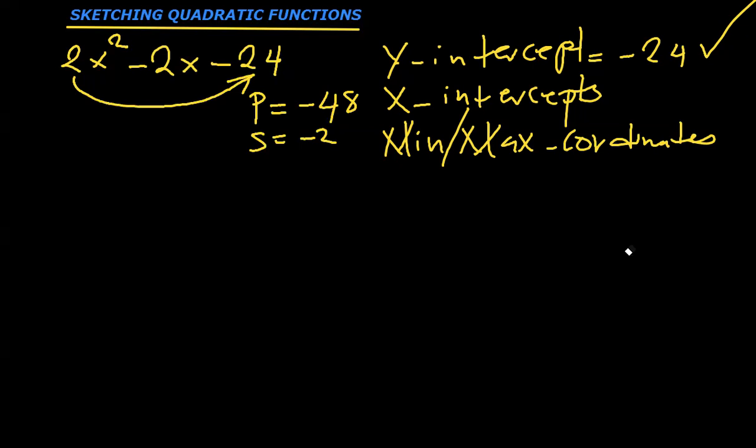So the first number is 6 and the other number is 8. But now if we add them, they need to give us negative 2. So it means the 8 is negative. All right.